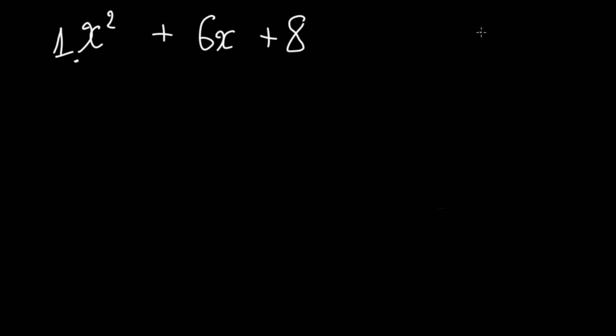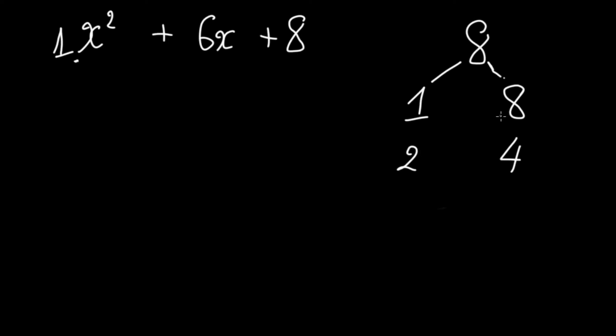You need to write down 8 right here, and then you need to find two numbers that multiply together to equal 8. You see, 1 times 8 equals 8, 2 times 4 equals 8, and 4 times 2 equals 8, which is the same as this.